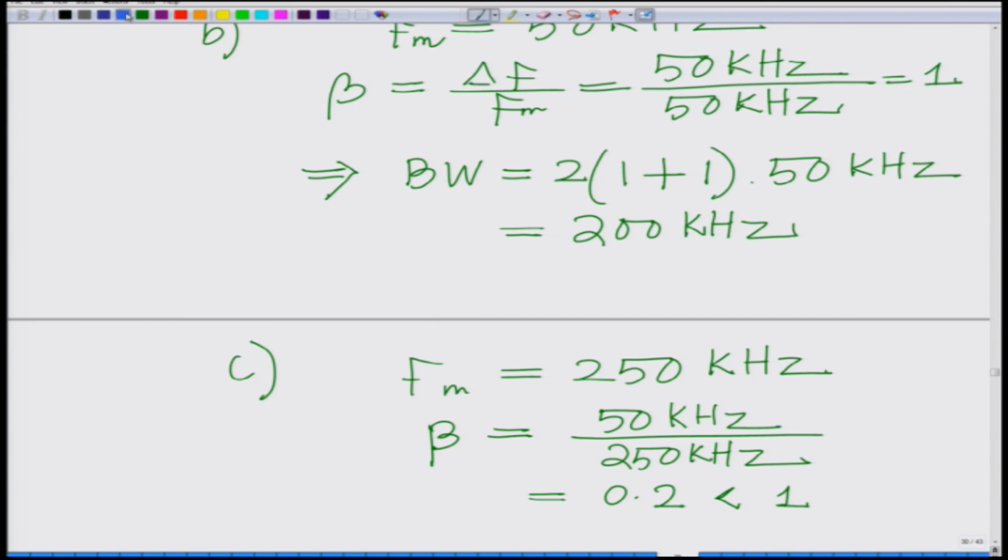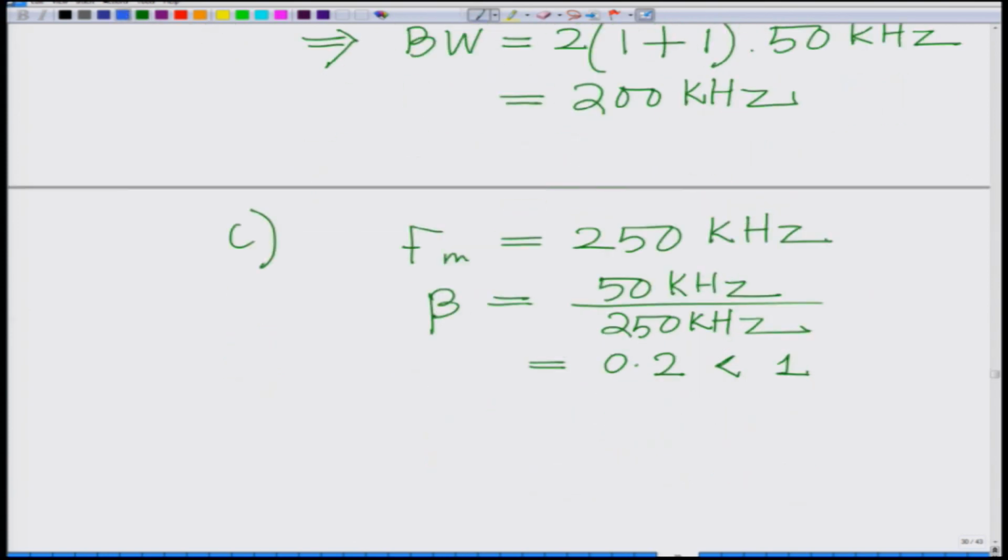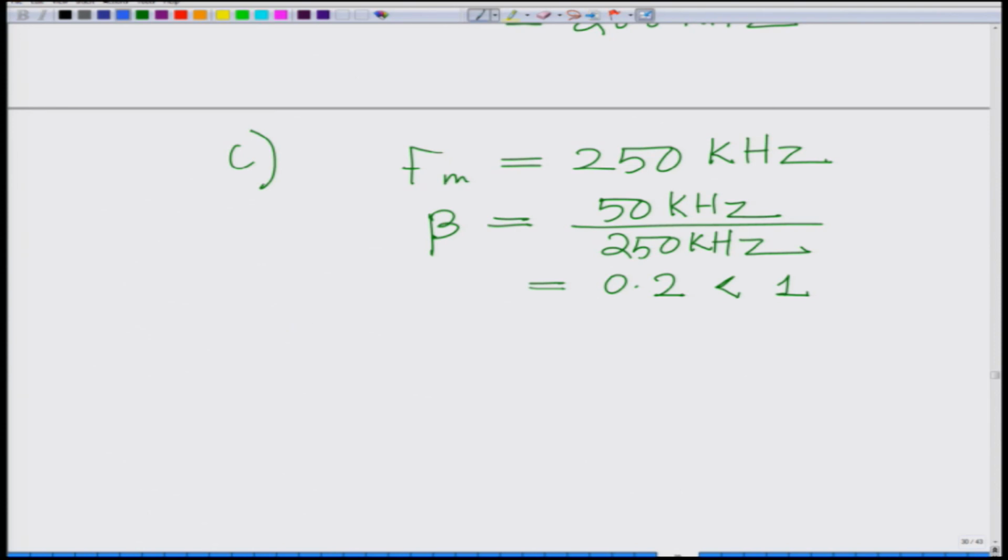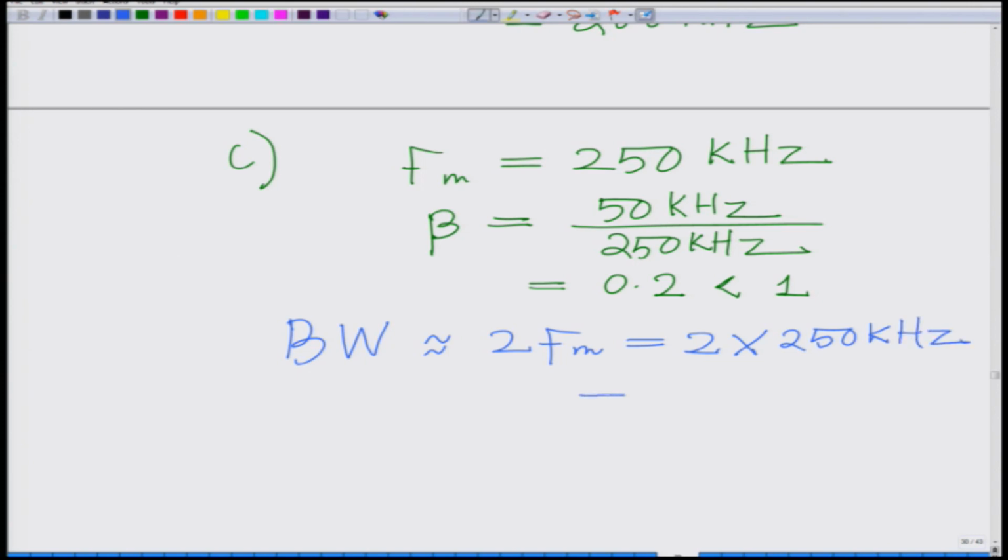So, I can use the approximation here that for beta less than 1, the bandwidth is approximately equal to twice FM, which is twice 250 kilohertz, which is equal to 500 kilohertz.